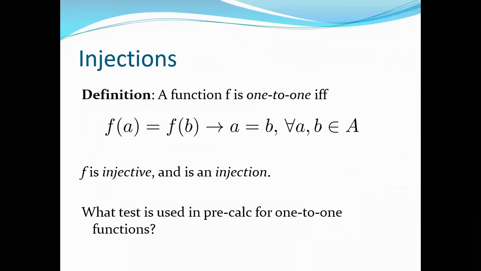Okay, let's use some of our logical notation. A function is 1-to-1. I can't emphasize enough how important this concept is. 1-to-1 if and only if, what does it mean to be 1-to-1? If and only if the output of two things are the same. Okay, that's what this is saying. It's saying that the image of A and B are the same.